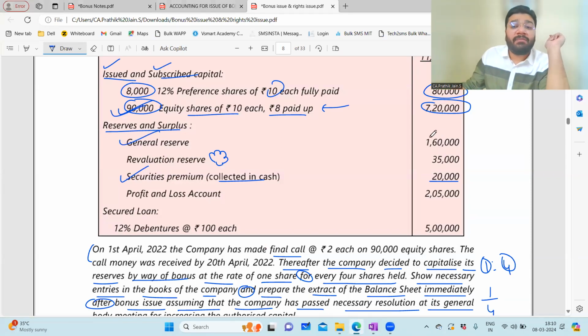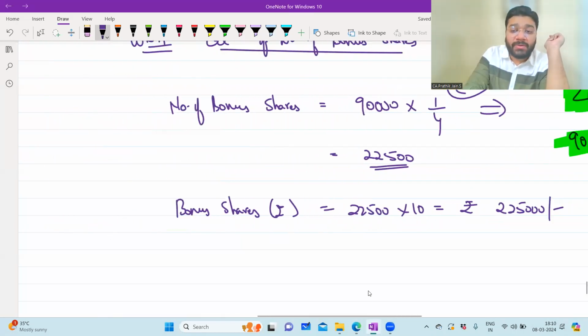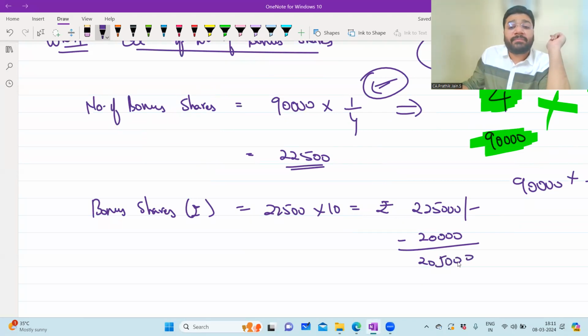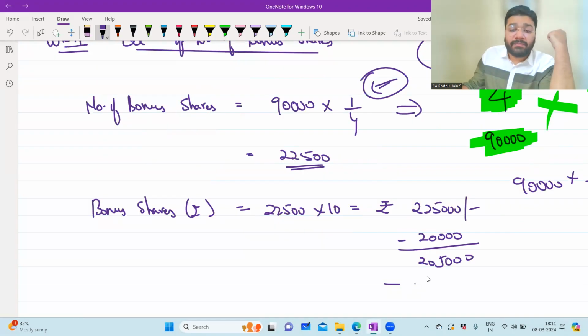So general reserve 1,60,000. But in total how much money do we need? 2,25,000. In that 2,25,000 rupees, if 20,000 rupees has gone into SPR, how much is the balance required? 2,05,000. In that we are taking 1,60,000 from general reserve. So how much more money is required? Use your calculator. 45,000 is required.